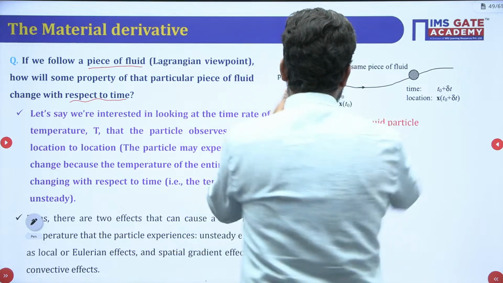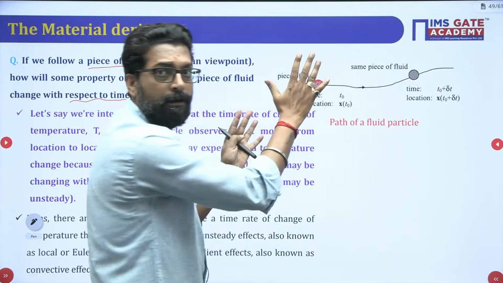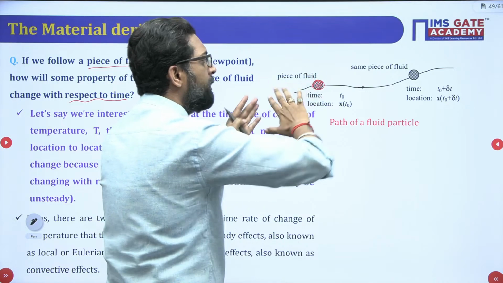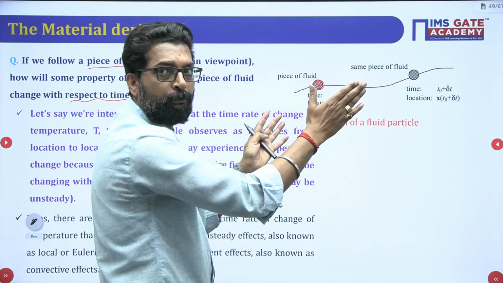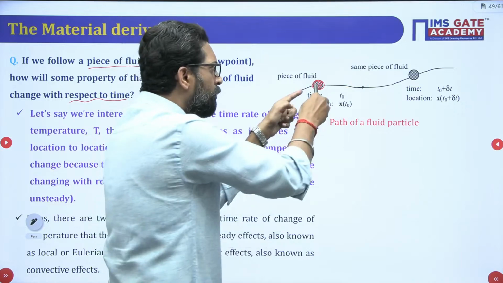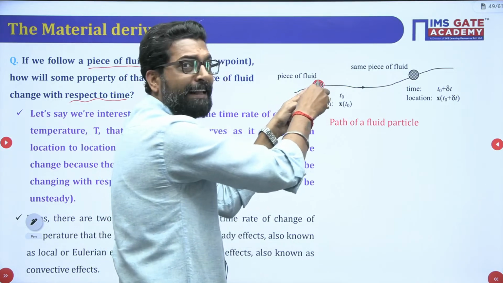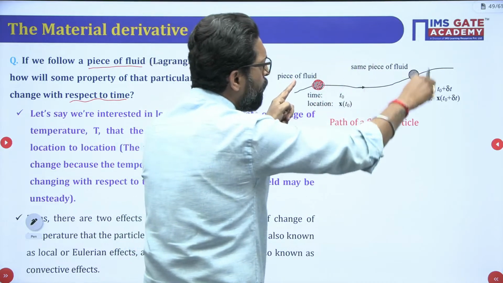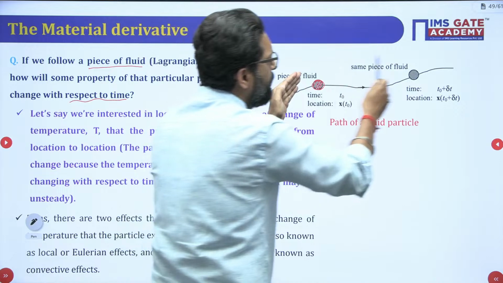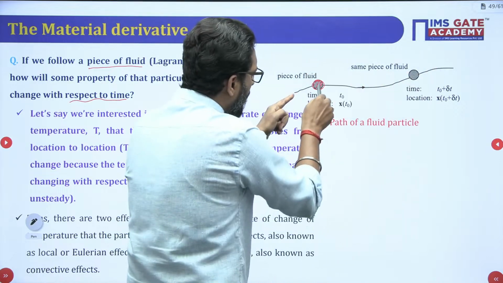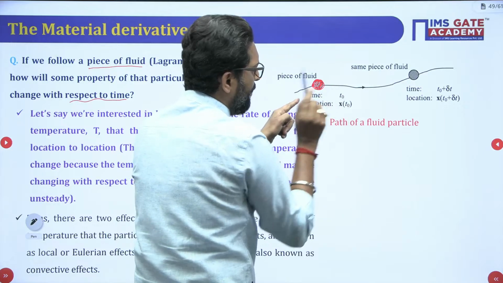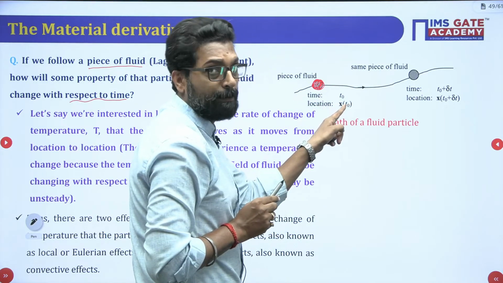Now, my dear, this fluid particle, this piece of the fluid, is present in the field. We are tracking the fluid particle, that means Lagrangian, and we have to see how the property will change after time passes. So at this position, let's suppose it is time t naught, location x, where x is a function of t, that means Lagrangian.